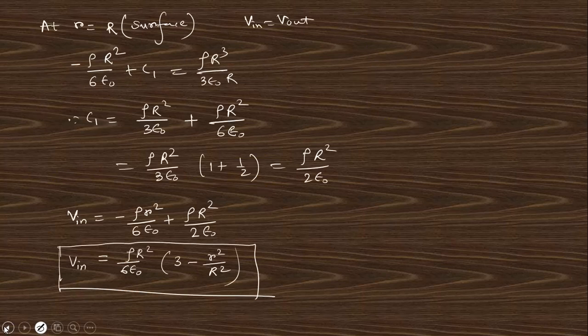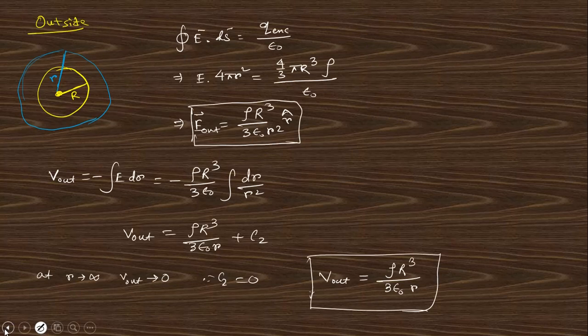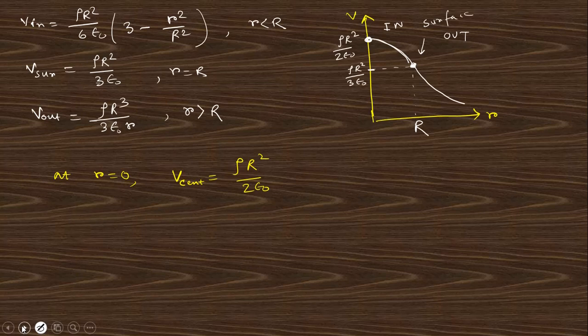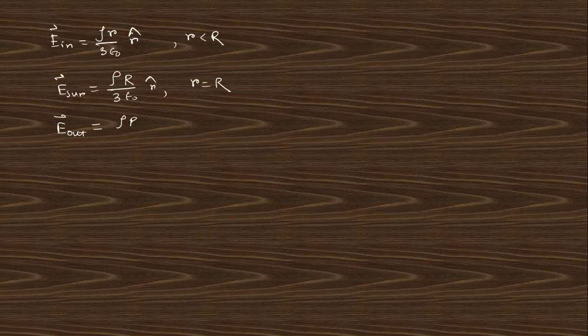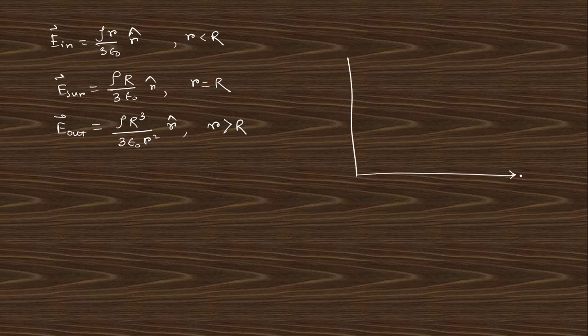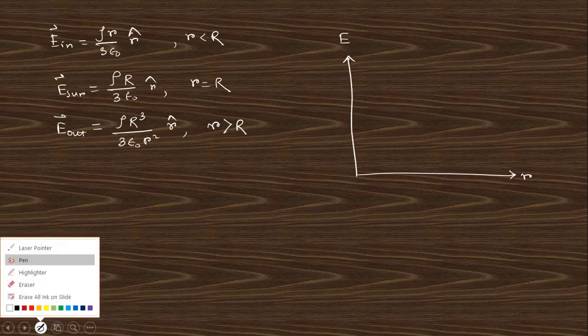And E out is rho R cube by 3 epsilon naught r square r cap, where r is greater than capital R. Clear?